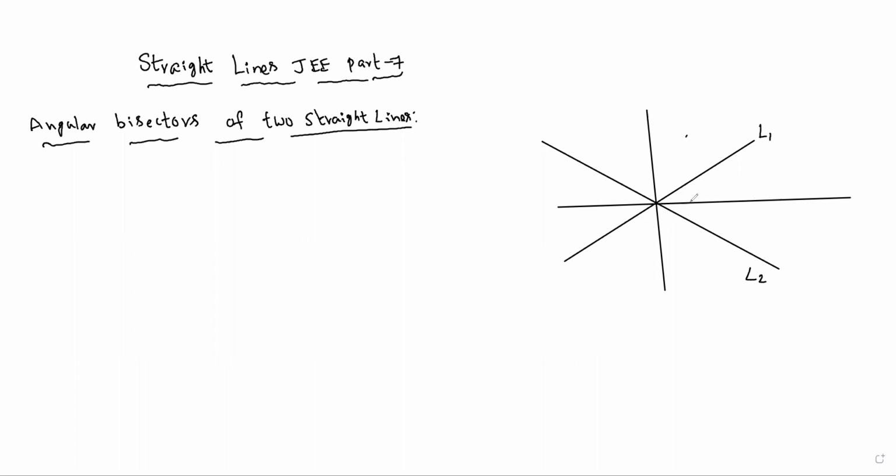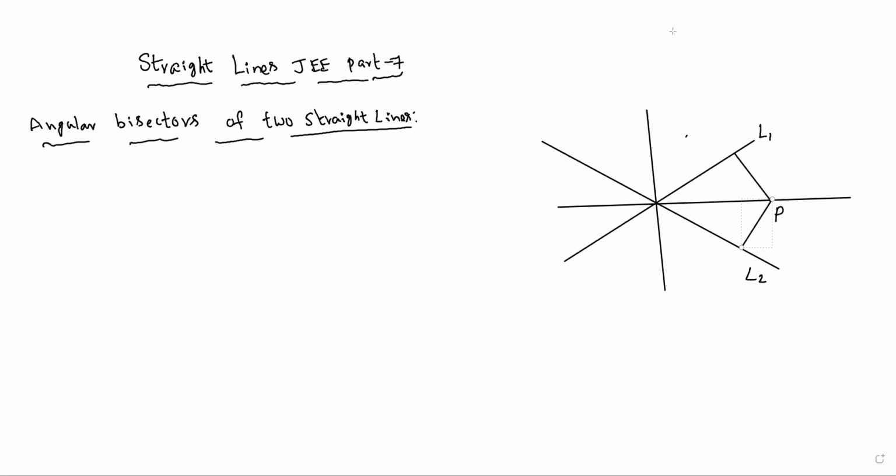That means if you take any point on this angular bisector, for example, I have taken the point P. Now the perpendicular distances from P to the first line, and similarly from P to the second line, are equal.